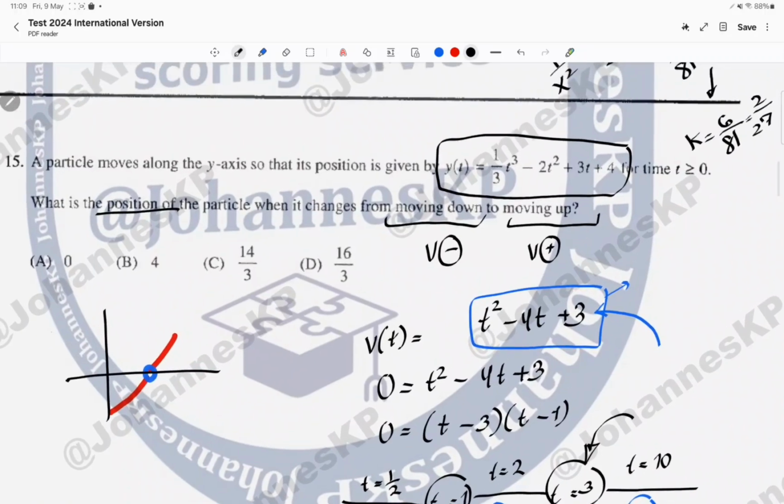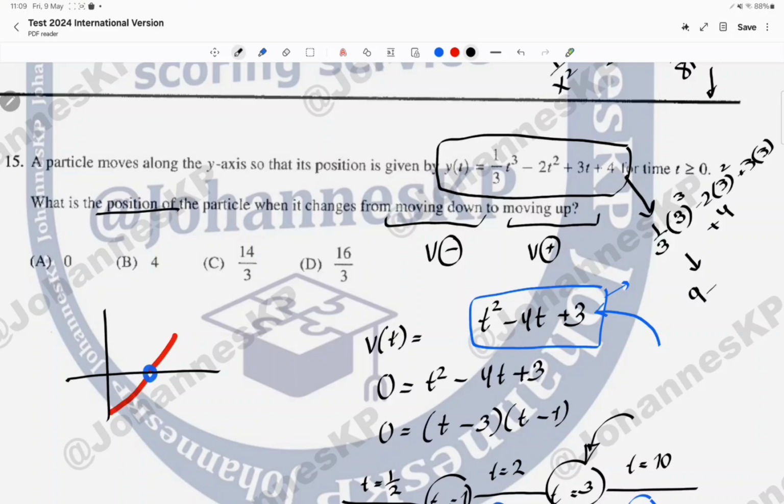Okay? Let's plug in the time of 3 in the position equation and see how much we get. So 1 over 3, 3 cubed, minus 2, 3 squared, plus 3 times 3, plus 4. 1 over 3 times 27 is 9. 2 times 9 is 18.